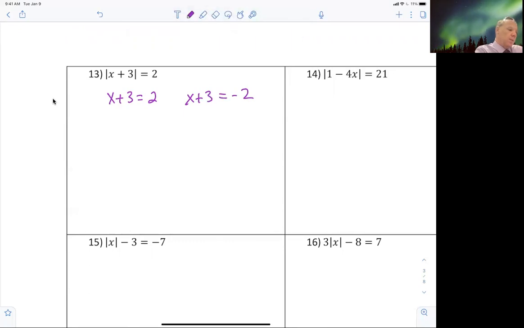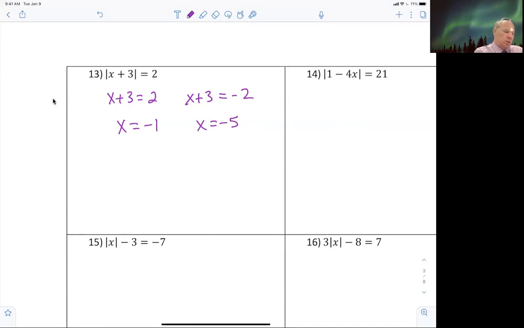Yep. What is that? Keep going. On the negative side, you do -3, and then x would equal -5. Perfect. Anybody have any issues with that? All right, so that's how you set up both equations.